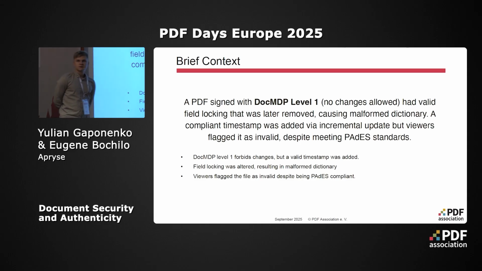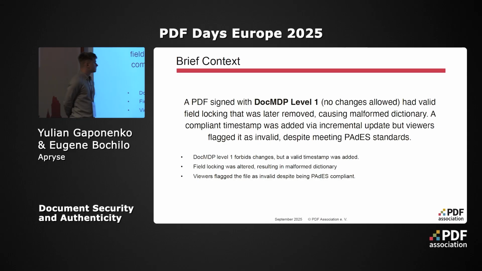So, imagine a case when you signed your document with a signature which has DocMDP, which basically allows you to introduce signatures, form fields, and change annotations. You still cannot modify page content, but you are allowed to modify annotations and introduce new ones.